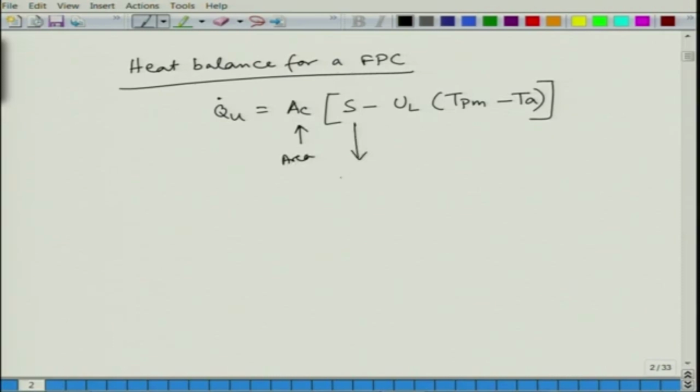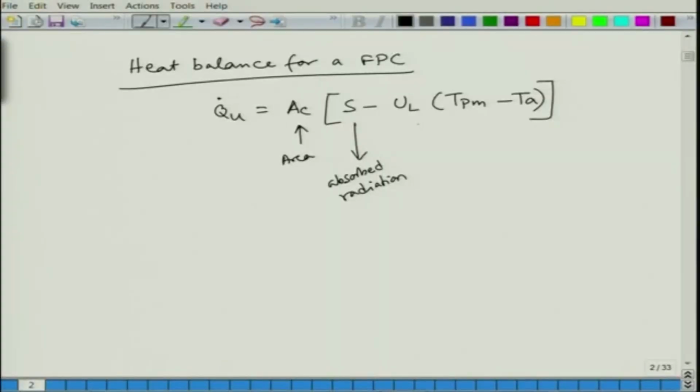AS is the absorbed radiation. So, it is not what is falling on the flat plate collector, but what is getting absorbed, and how we calculate that we have also seen before. And UL is the overall loss coefficient.